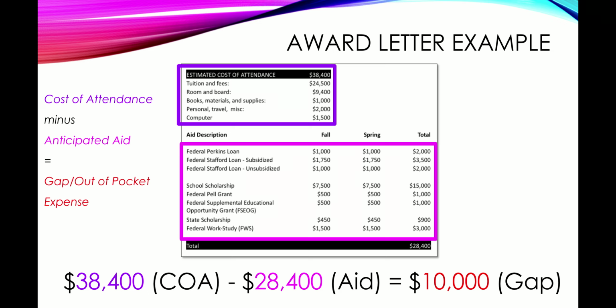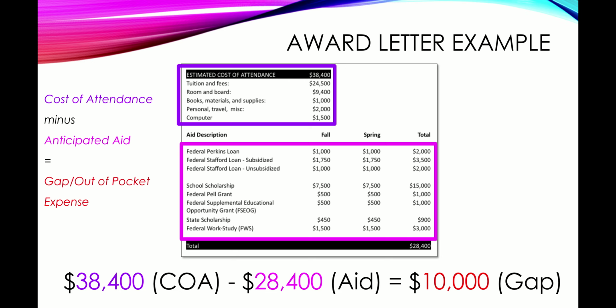All right? So in this example, the estimated cost of attendance is $38,400, and the aid inclusive of federal work study and the loans is $28,400, leaving a gap of $10,000 for this prospective student. Okay? So this is a formula that we want you to use when you're looking at your own financial aid award letters. What's my cost of attendance?